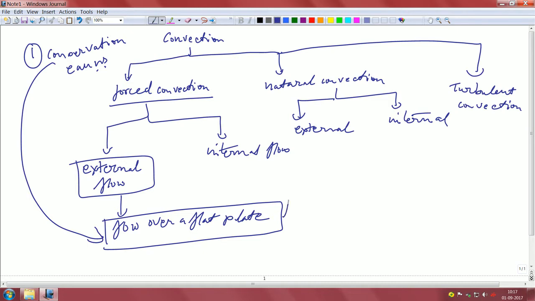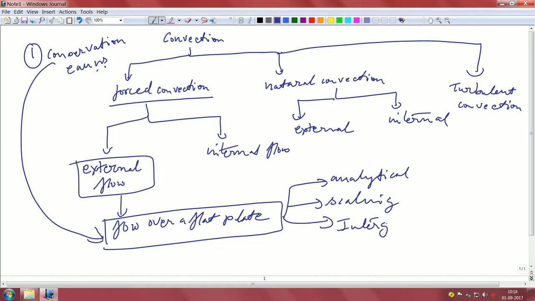And as I said, our methodology will be threefold. We will use analytical, we will use something called a scaling concept, and then we are going to use a semi-analytical approach, in this case the integral approach.